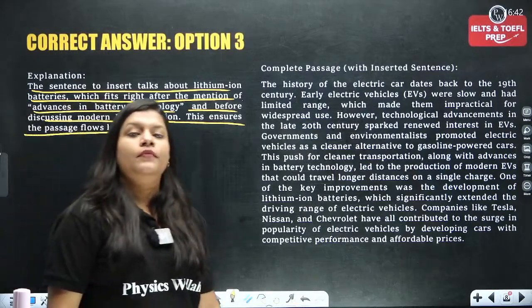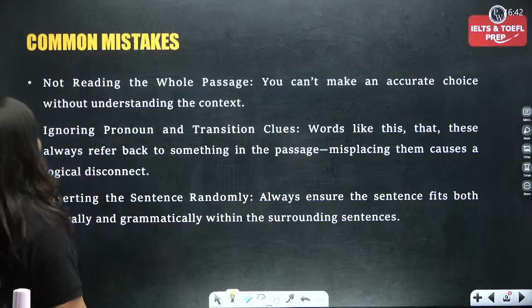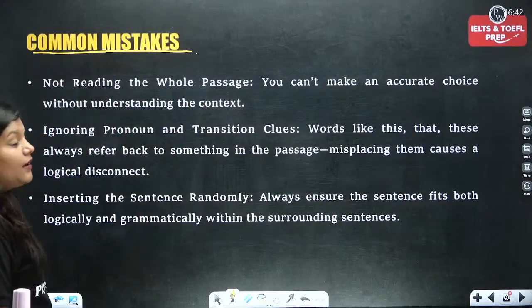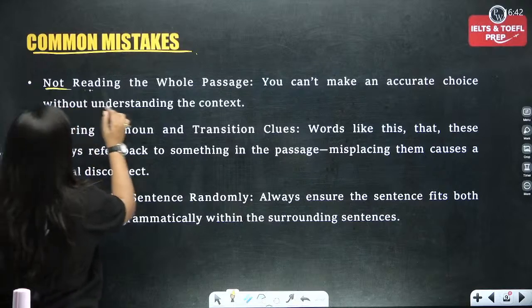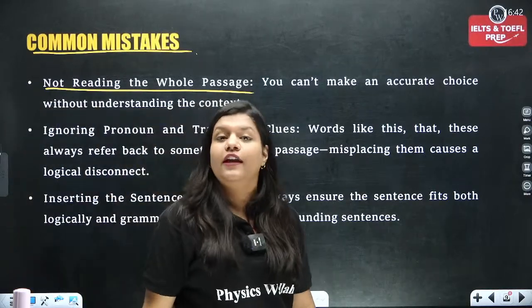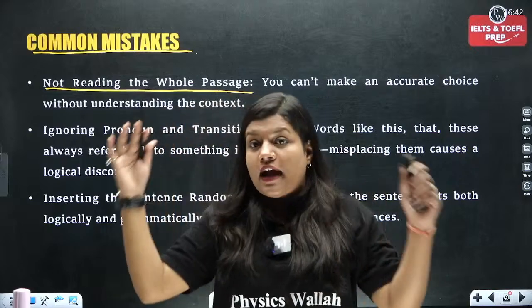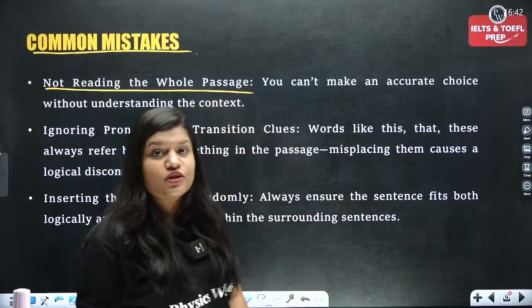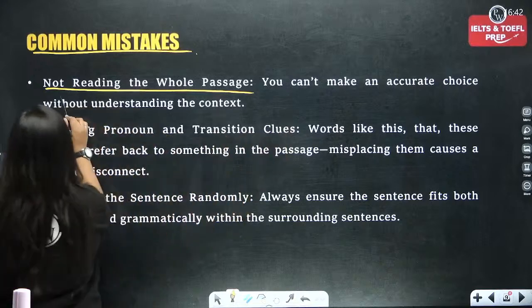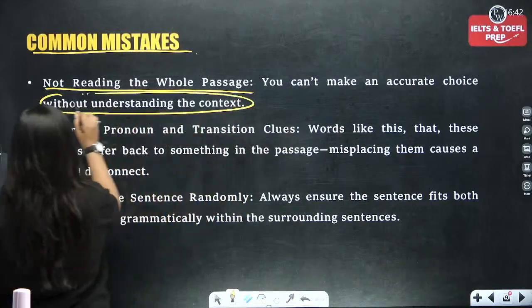Got it? Now, let's talk about common mistakes that students usually make in this question type. Not reading the whole passage. If you don't read the whole passage, you will never be able to understand the entire context, which is very important. You can't make an accurate choice without understanding the context.